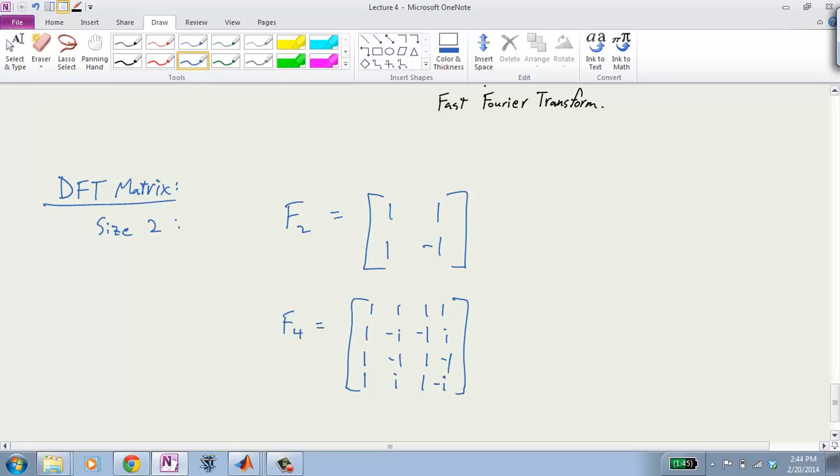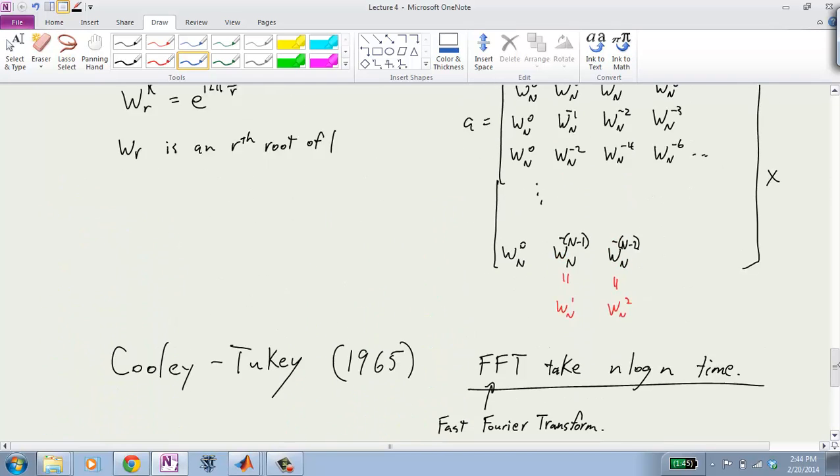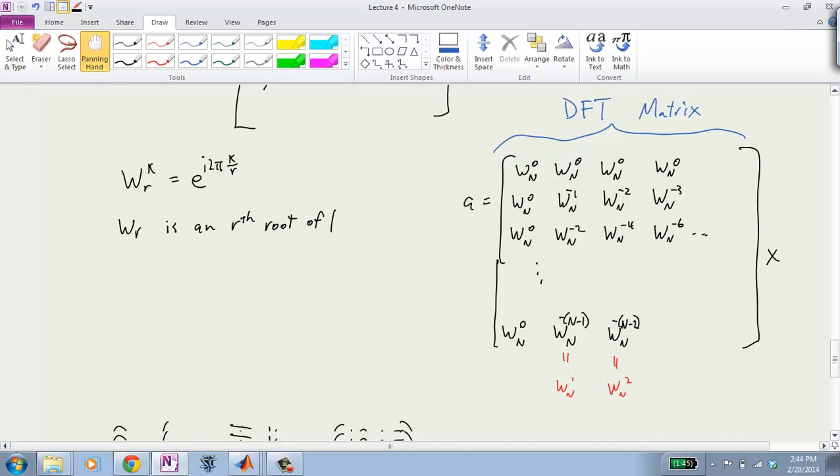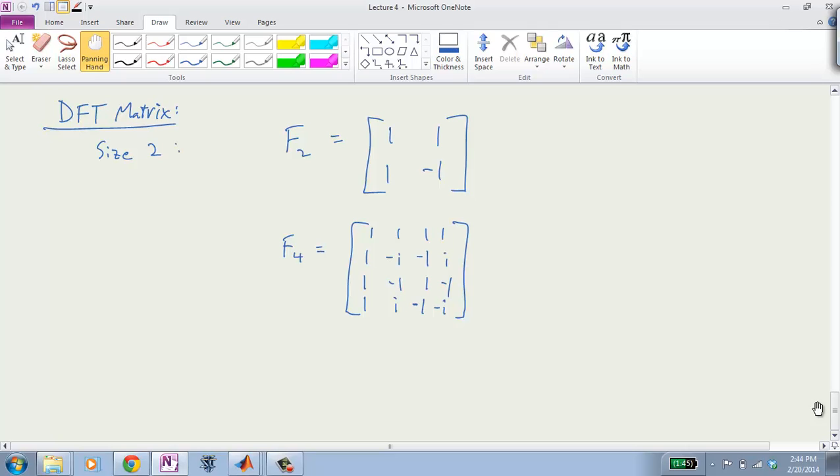Minus 1. Okay, I'm just filling in the actual numbers for these W's because we defined what W is, and for K and R being things like a half and so on, it's very easy to figure out, and it's these matrices. So you're actually just doing matrix multiplies like this when you're asking for the DFT. You can try that in MATLAB. Create this matrix, do a multiply, and then compare that to the FFT. It should be the same.